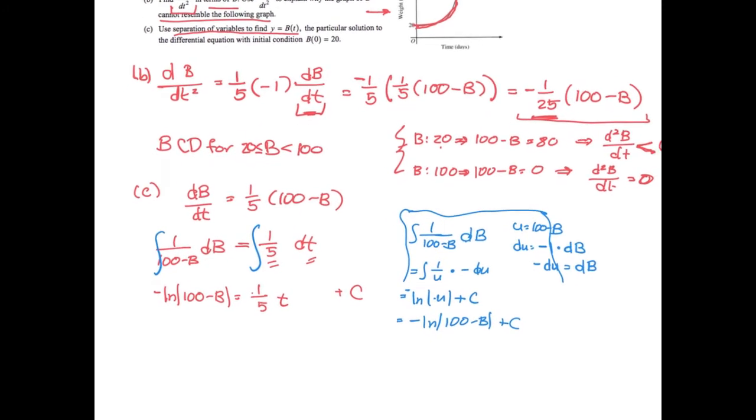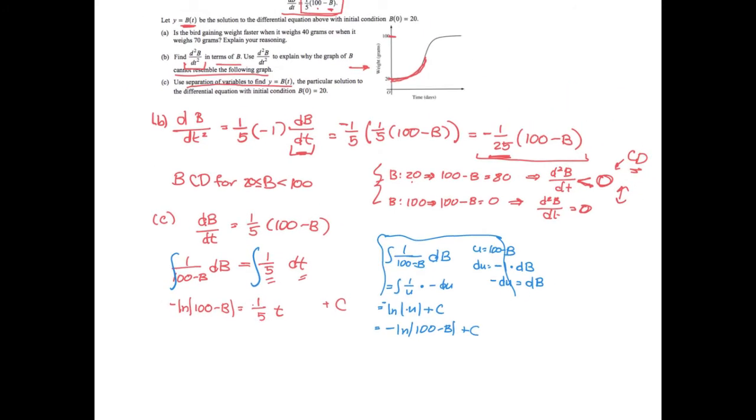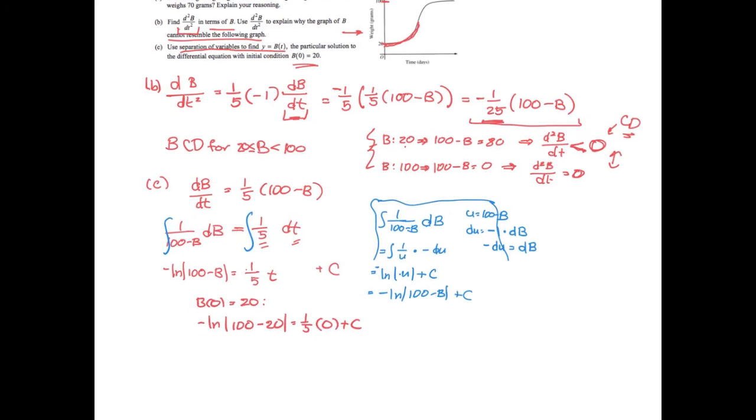And so now they tell us that b of 0 is 20. So let's go ahead and put that in. Negative ln absolute value of (100 minus 20), because b is 20, equals 1/5 times 0, plus c. So we have negative ln 80 equals c.